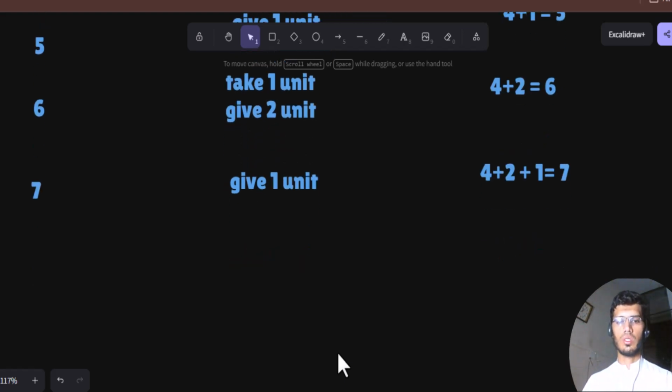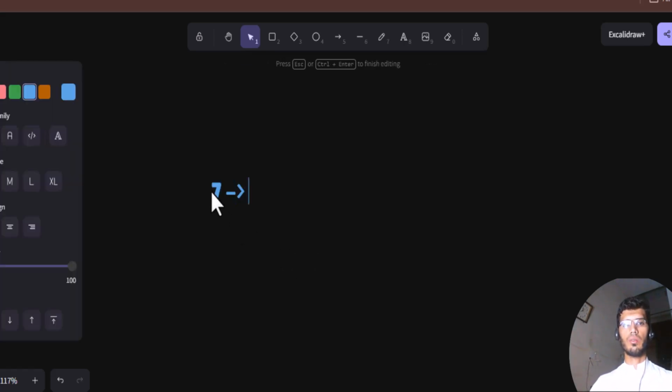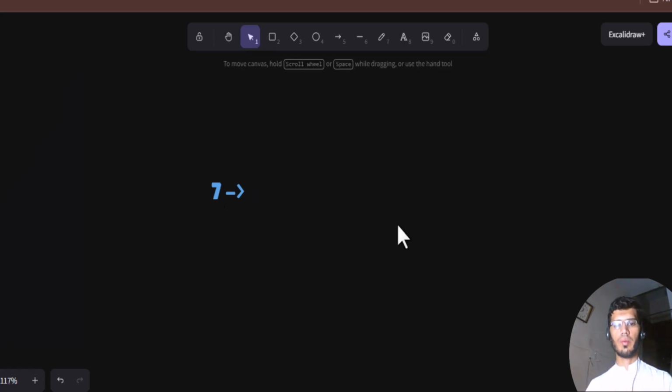The solution is working because we divide our decimal number 7 into binary bits. So how many bits are required to make the number 7? Well, 3 bits are required. Let me demonstrate.